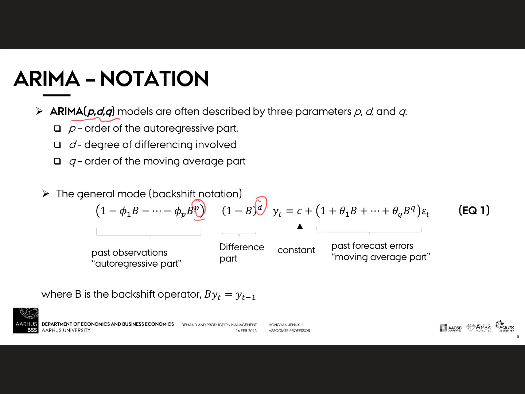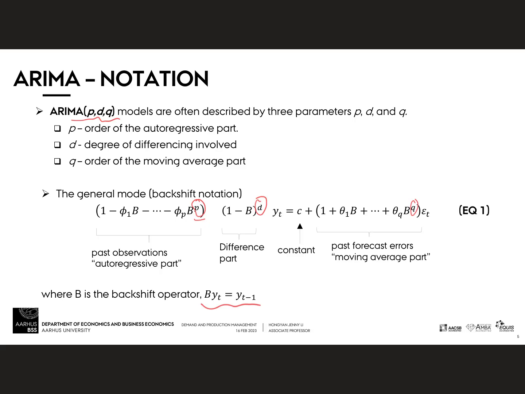Q is how many historical forecasting errors you will consider in your model. The backshift notation, where this B value is actually a smart way to write your ARIMA model.